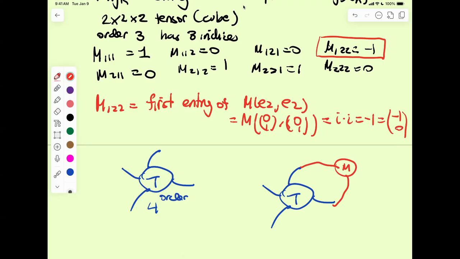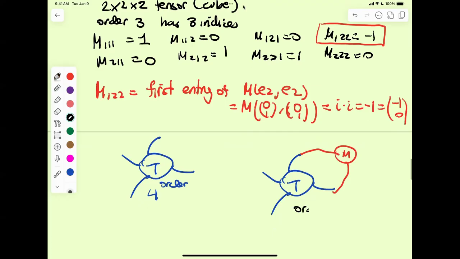This would become a matrix, which is a two-tensor. That's one of the advantages of the tensor diagram notation: it is very easy to keep track of what the order of the resulting thing ends up being.